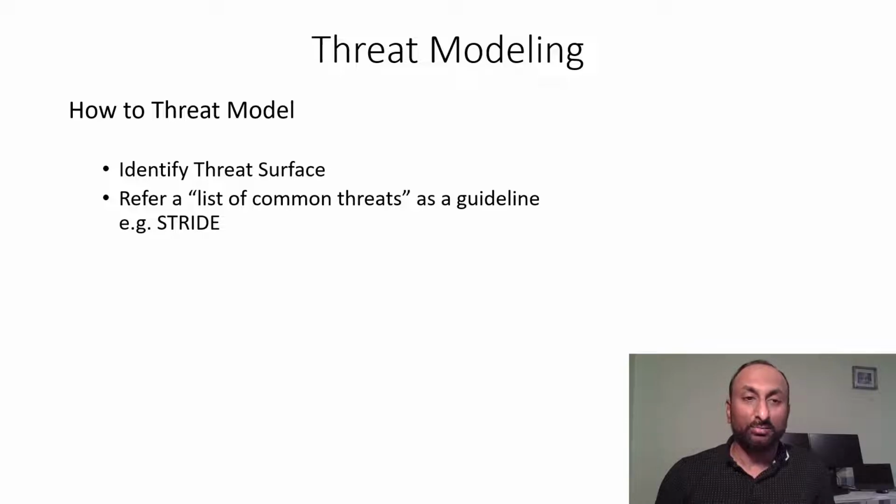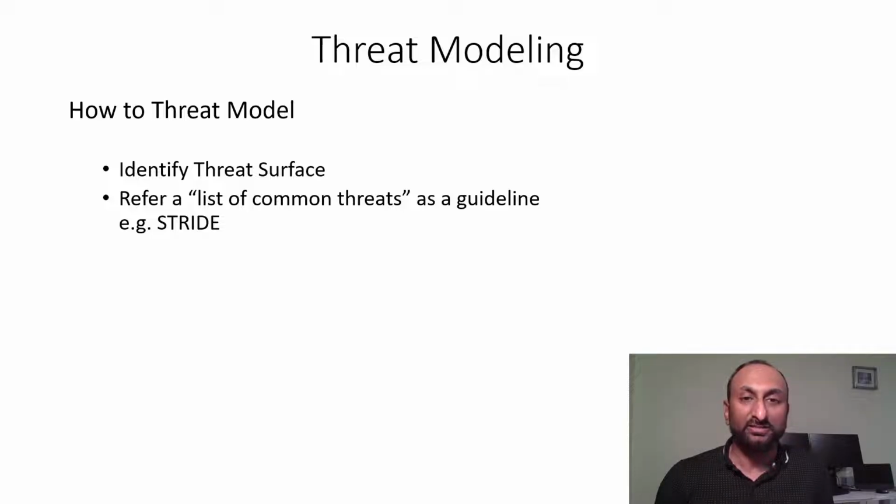In order to threat model, first of all, we have to identify the threat surface. Threat surface is comprised of all those components of the application design, all those process flows, all those input controls, request and response, communication channels that can be vulnerable to any security threat.